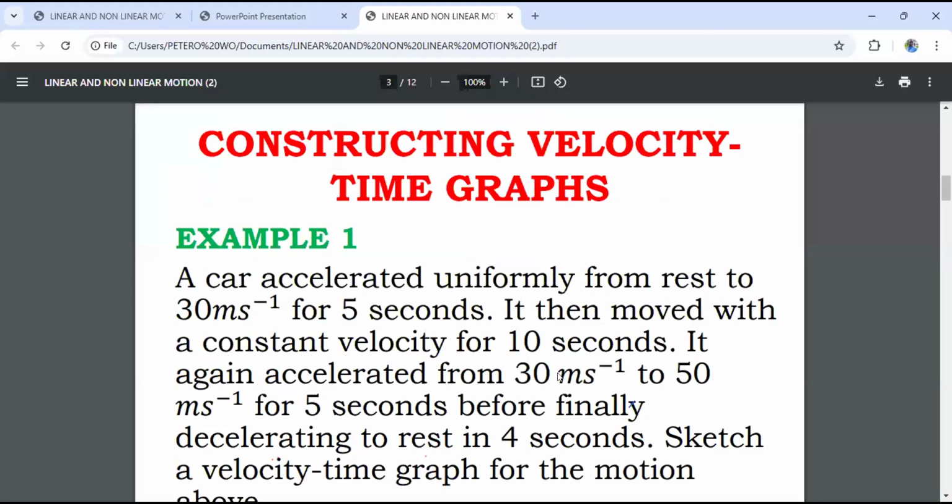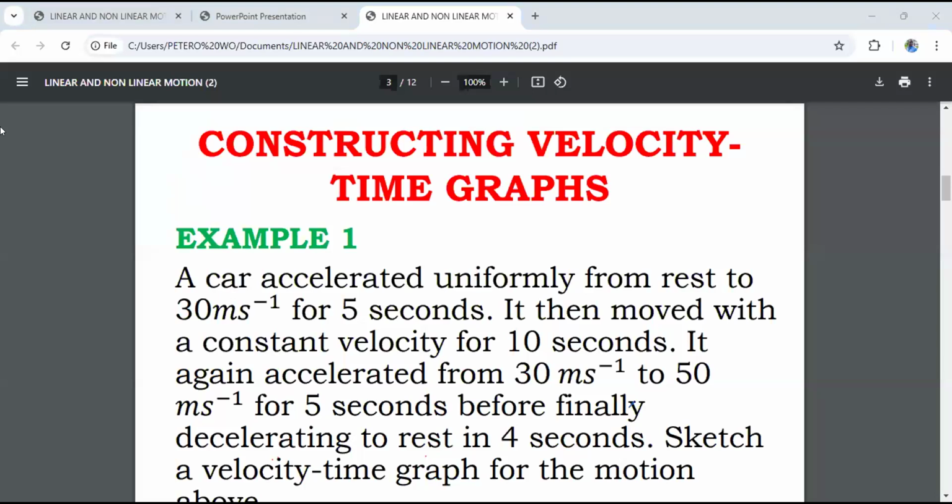So we are starting with the construction of velocity time graphs. In this construction, they tell us what happens, and we have to put it on graph. So we are going to use the same formulas that we used to describe.